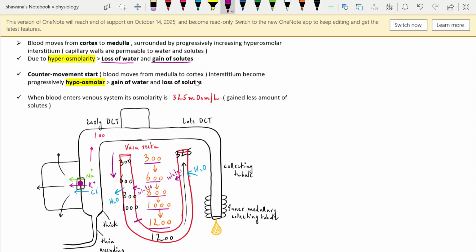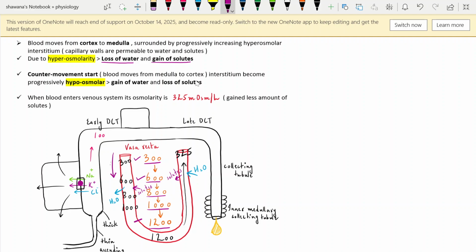It will gain solute, and as we move from cortex to medulla in the vasa recta, the vasa recta and the interstitial fluid start to equilibrate with each other. When there is 300 milliosmol per liter inside the capillary, there is also 300 outside. When it is 600, due to the gain of solutes and loss of water inside the vasa recta, there are also 600 milliosmol per liter.